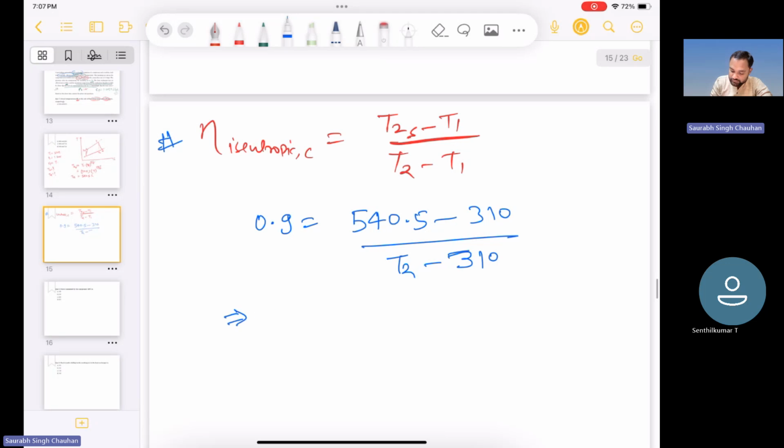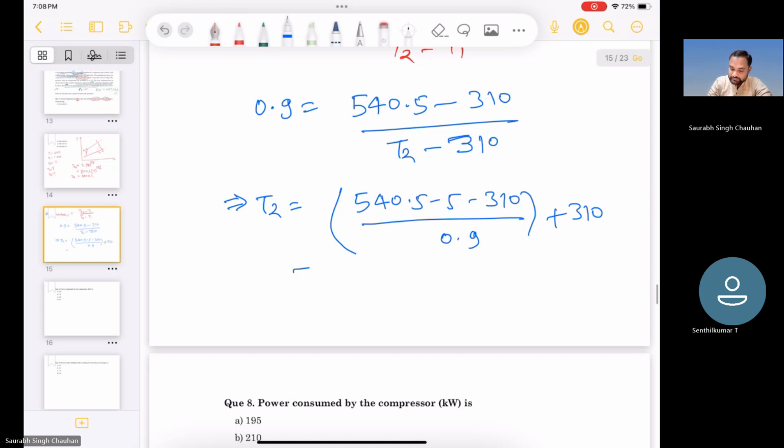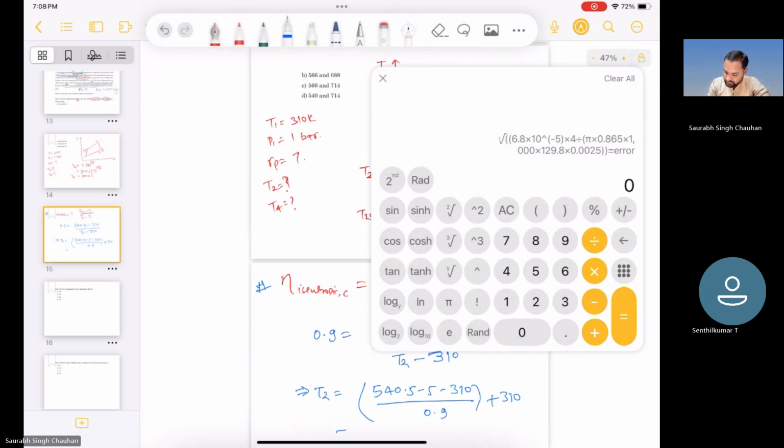So you can write T2 is equal to 540.5 minus 310, divided by 0.9, plus 310, right? 540.5 minus 310 divided by 0.9 plus 310.